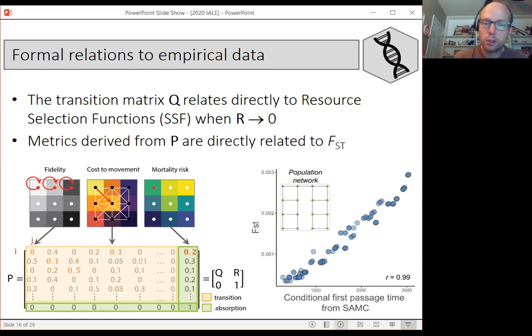So the graph here is showing some simulations where we're looking at FST as a function of conditional first passage time, which is a metric we can derive from the spatial absorbing Markov chain. So in general, this framework, because it's time explicit and because it's probabilistic, it can be related to empirical data in ways that prior frameworks have more difficulty.